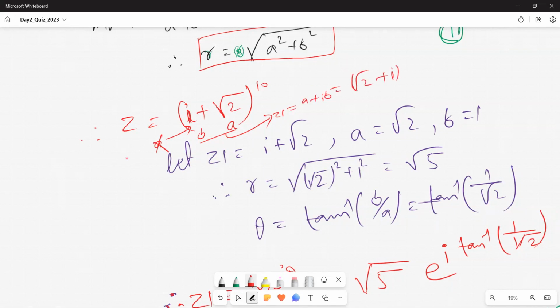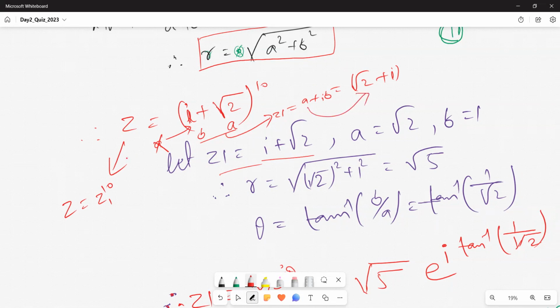So Z is equal to Z1 to the power 10. Suppose we let Z1 equal to root 2 plus I. Then what is A? A equals root 2.